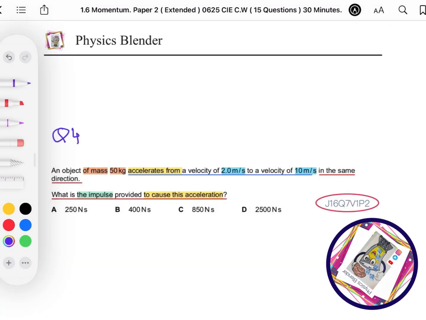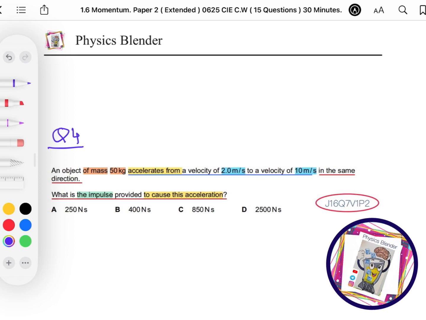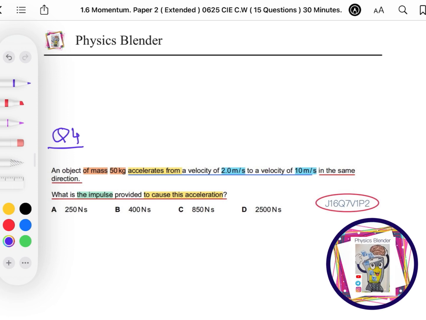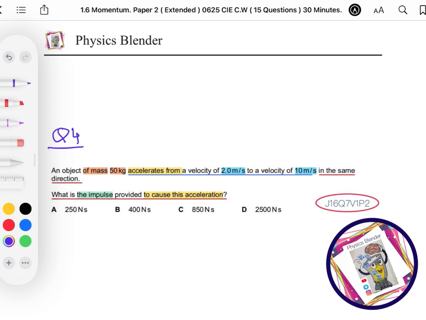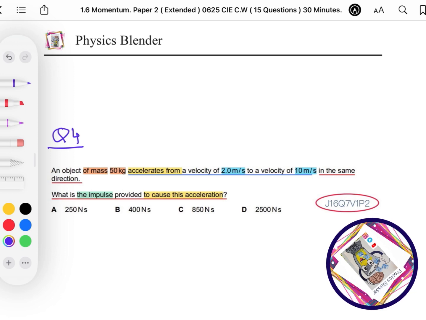Question 4. An object of mass 50 kg accelerates from a velocity of 2, not 20, 2 meters per second to velocity 10 meters per second in the same direction. What is the impulse provided to cause this acceleration?